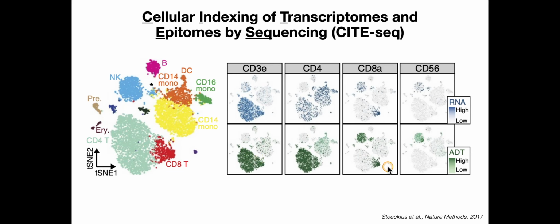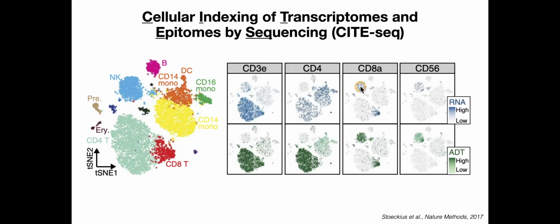In the case of the original CITE-seq paper, you can see that if you look at CD3, CD4, CD8, CD56, you see really good agreement between the mRNA-seq carried out at a single-cell level and the antibody-based detection. But in some cases, like we see with CD8, we often get better signal with protein on the surface than we did with transcript in the same cells.